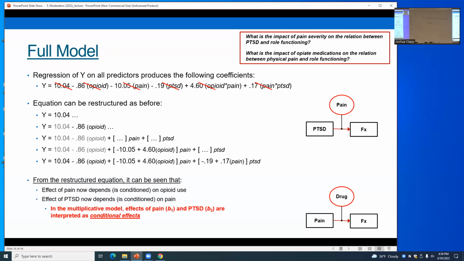From our restructured equation here, we see that the effect of pain is now conditioned on, or dependent on, opiate use. Depending on what value you plug in here, this value is going to change. And the effect of PTSD is now conditioned on pain. The value of pain that we put in is going to change the nature of this coefficient.